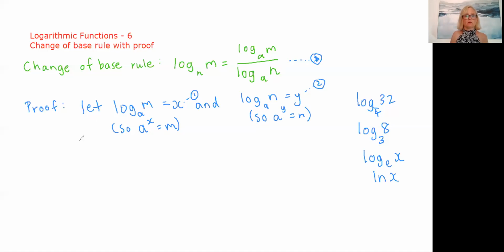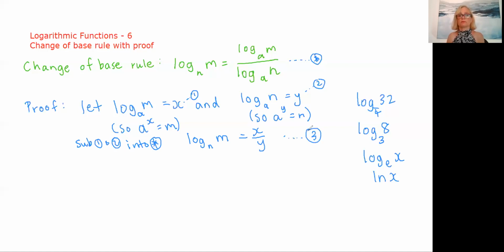Let's sub both these bits of information into our original. And so we've got to the point where we've said log of m to base n is really x on y, if we're calling them x and y. I might call that bit of information number 3.